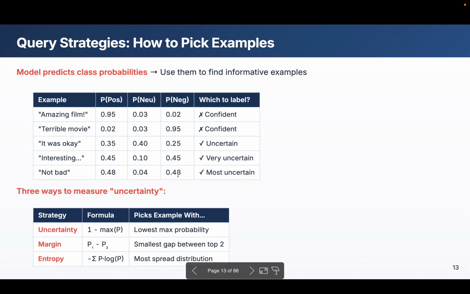Just looking at the top table, don't look at the bottom table. What do you think can be a metric or a method to define the uncertainty or the hardness of a sample? What do you think is the difference between the first and the last example in terms of the probability scores?